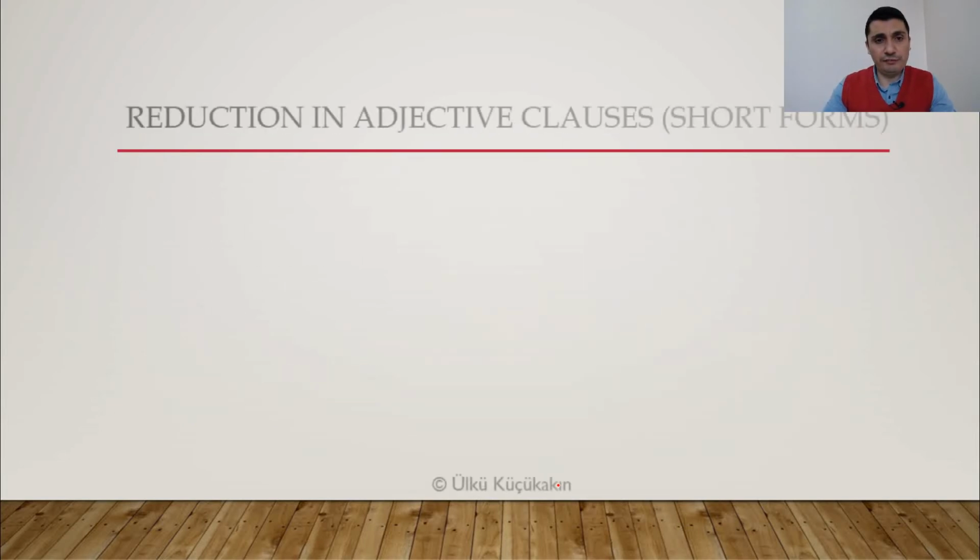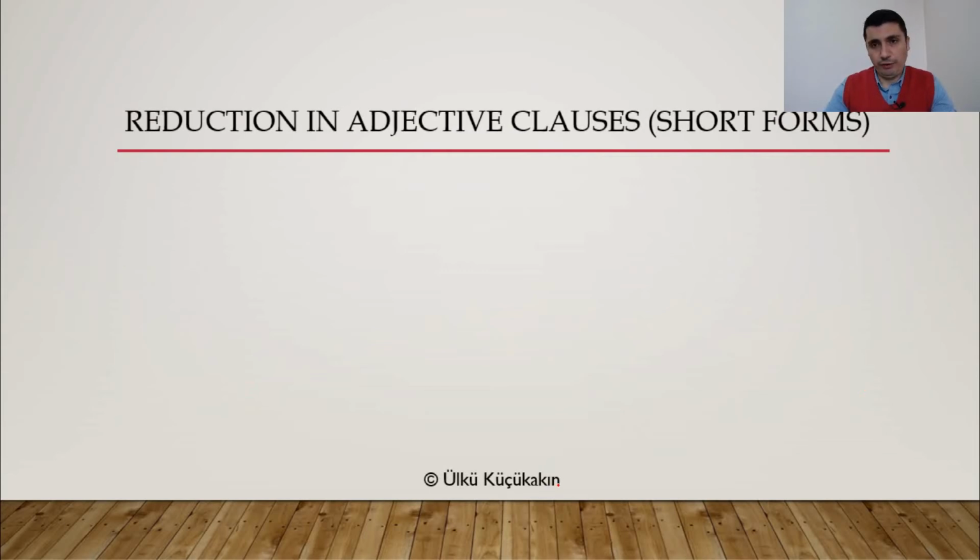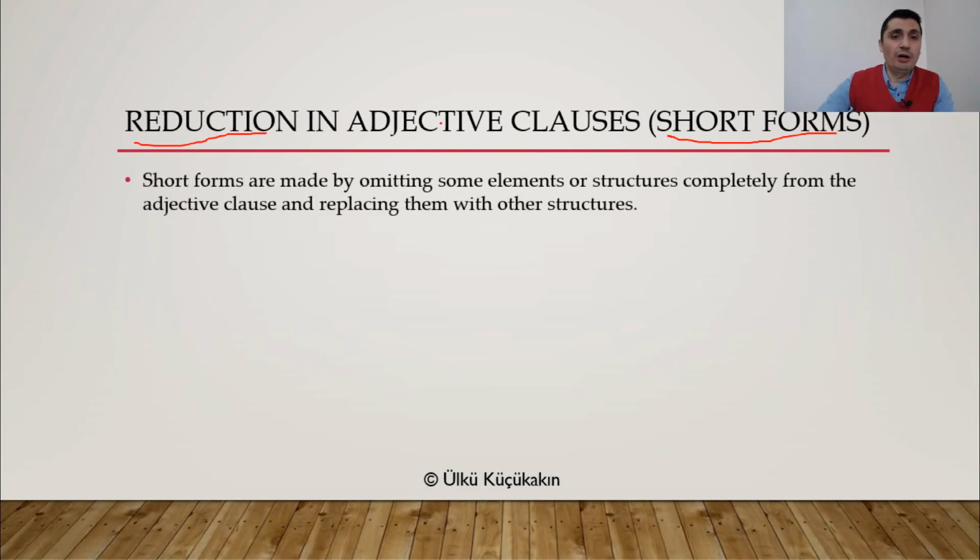Now this is omission, everyone. What about reduction? Now reduction is also called short form. So reduction means reducing something, making something shorter. All right? So that's reduction, or short form. Short forms are made by omitting some elements completely from the adjective clause, but secondly, you replace them with other structures.